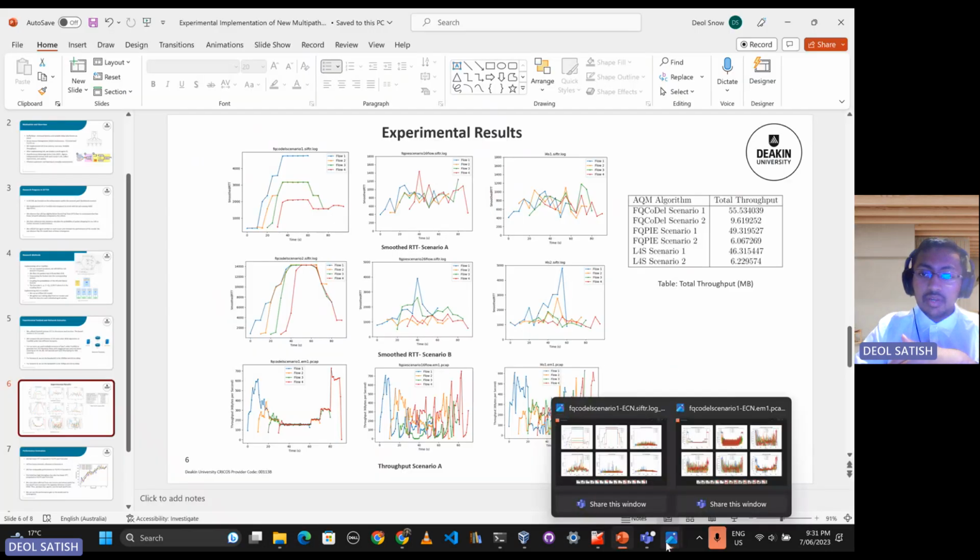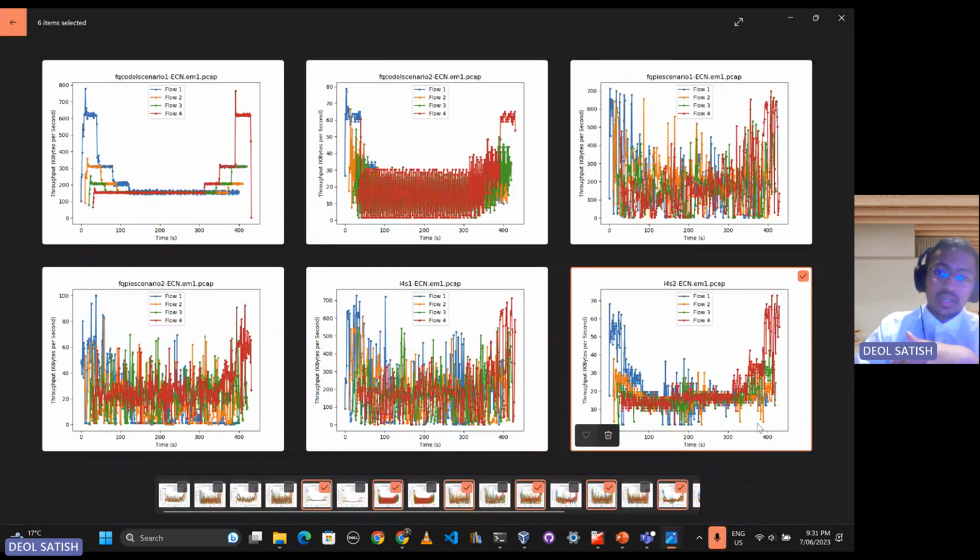But in terms of throughput, FQ-Codel performs the best, and then come FQPI and L4S. L4S and FQPI are quite similar. There's no advantage to either of them, which is not bad. We don't want L4S to perform any worse than the other algorithms.